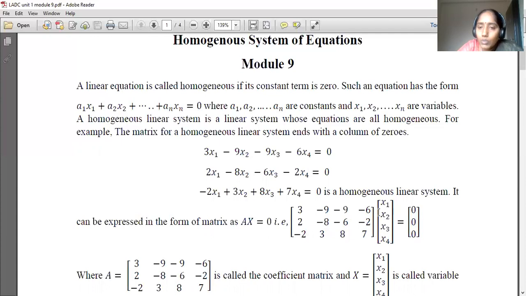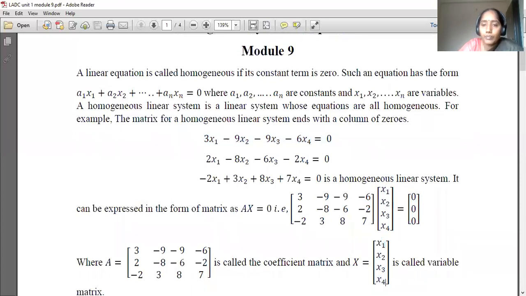If you multiply, observe that 3x1 minus 9x2 minus 9 into x3 minus 6 into x4 equals 0, which gives the first equation, and similarly the second and third. So in this, A is called the coefficient matrix and X is called the variable matrix.